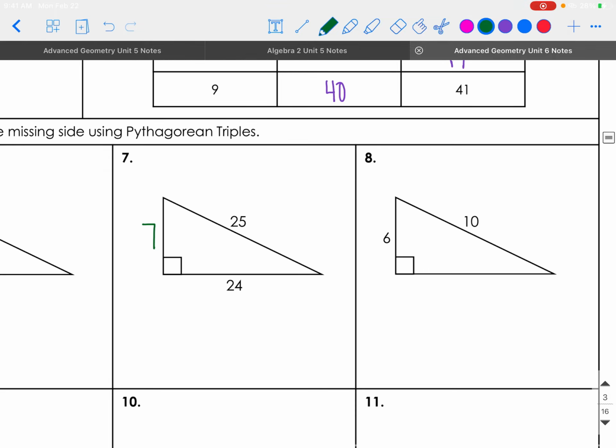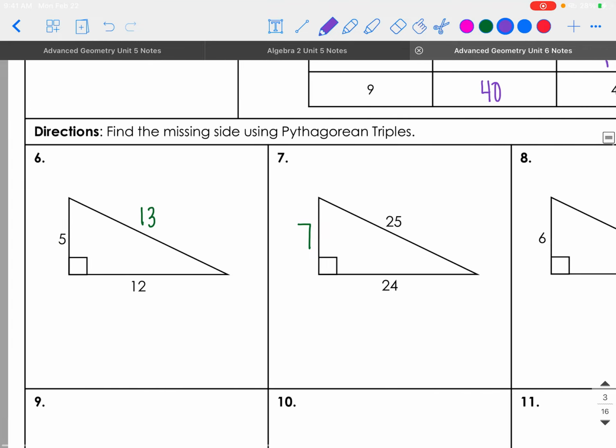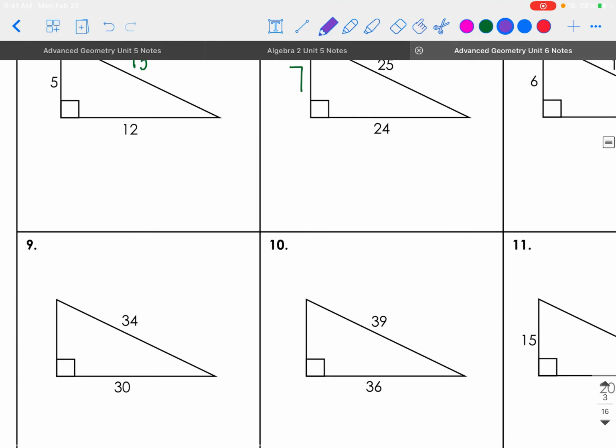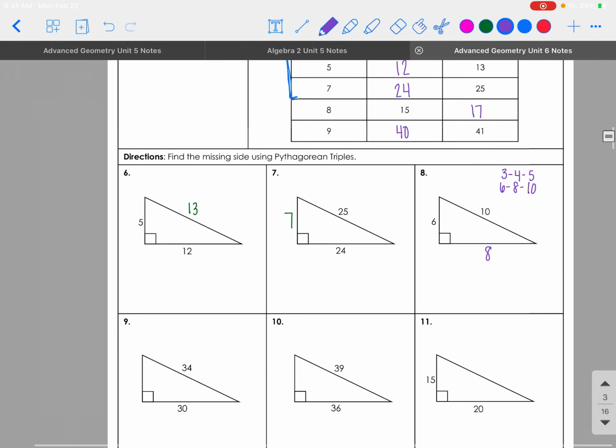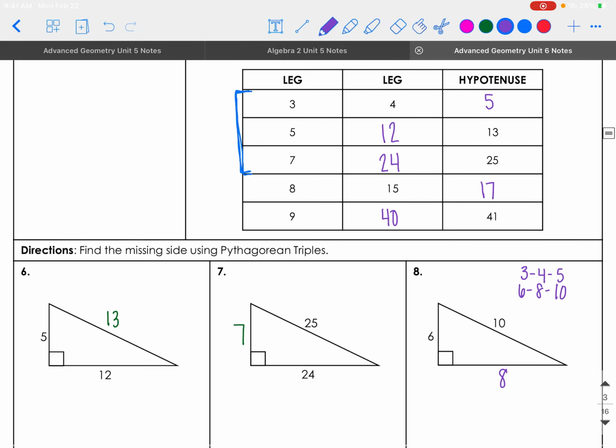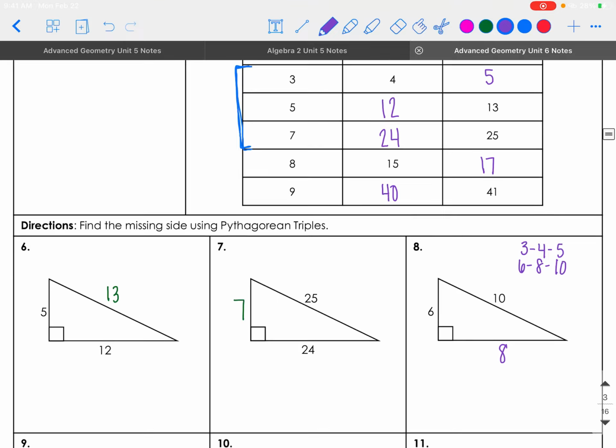Number 8, 6 and 10 aren't a triple in themselves, but 3, 4, 5 is, and if I multiply all of those numbers by 2, we get 6, 8, 10. 30 and 34, if I look at my chart up here, aren't in there, but 15 and 17 are.